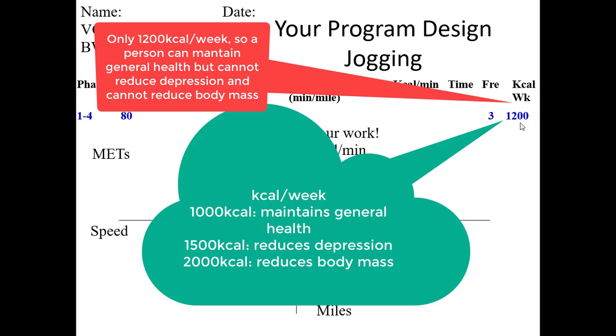Do you remember I said you need around 1,500 kilocalories per week? And can we reduce body mass? No, because to reduce body mass, you need at least 2,000 kilocalories per week, but this program is 1,200 kilocalories per week. How about class? Does that make sense?